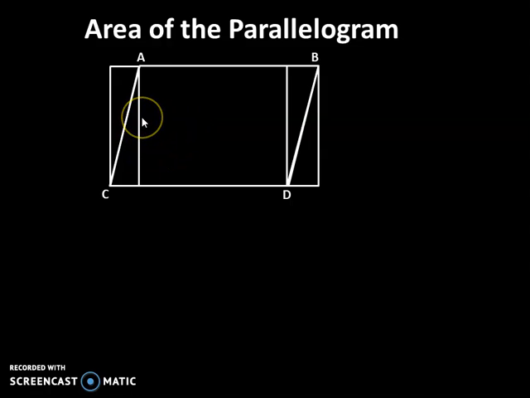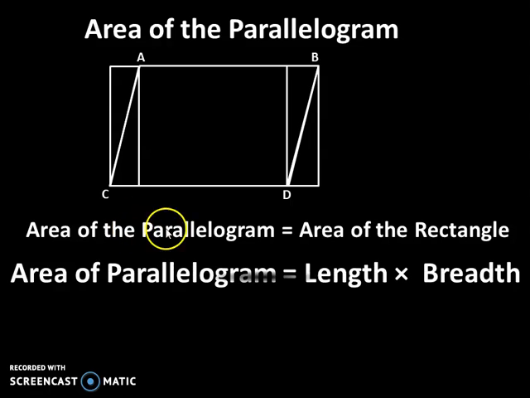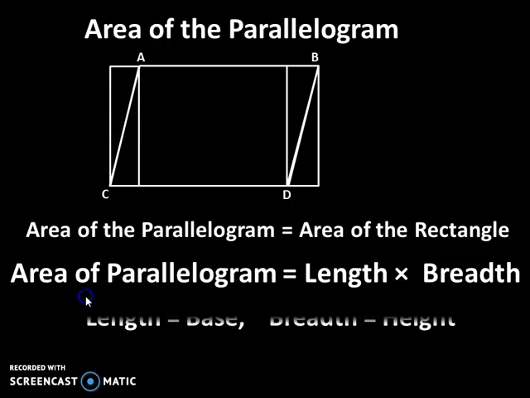So we have to find the formula. We have drawn a height, and we get that the area of the parallelogram is equal to the area of the rectangle. The area of a rectangle is length into width. Now we have drawn an altitude or height.